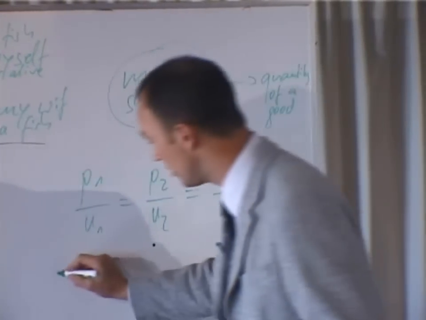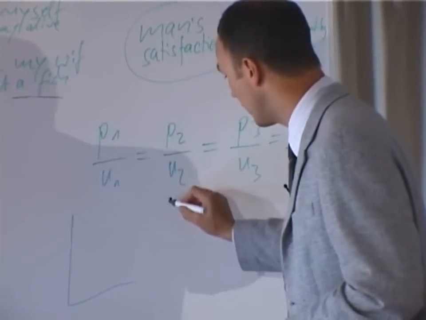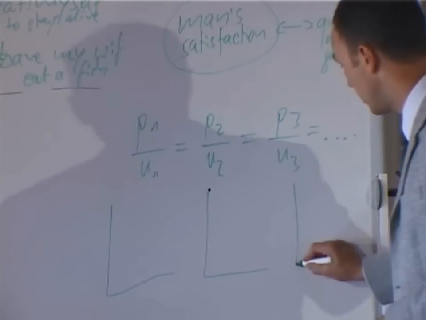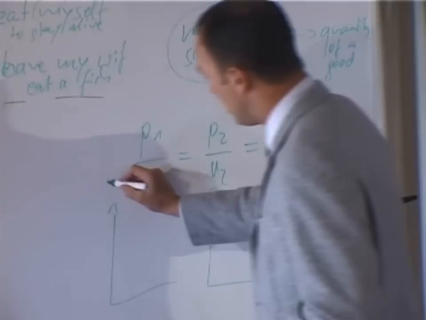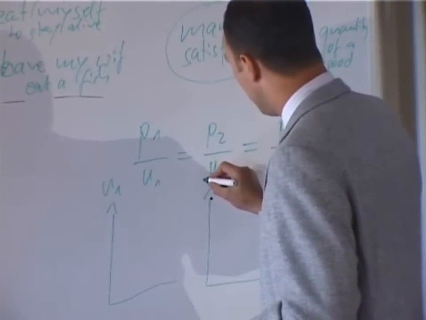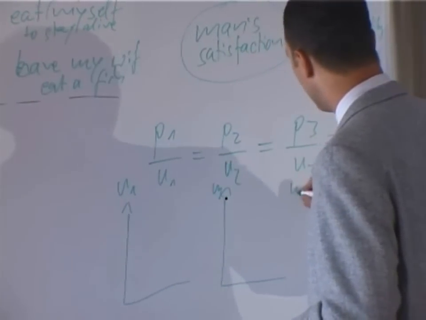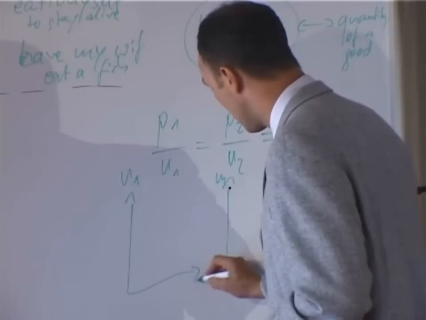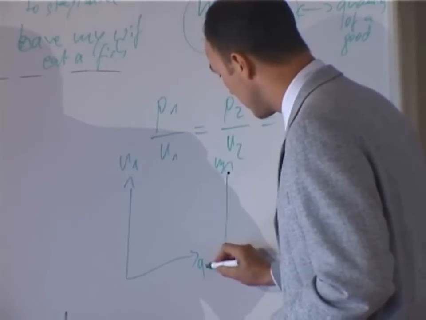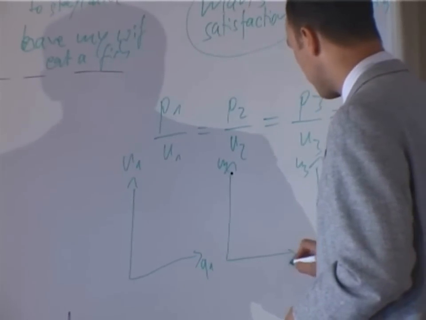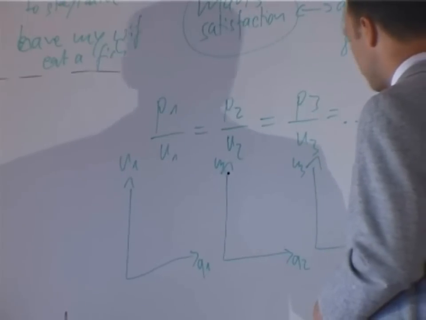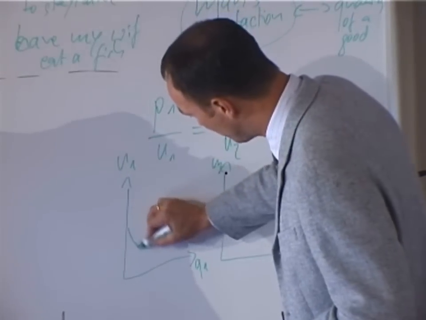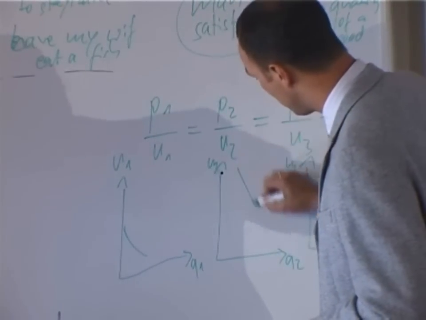Graphically, we can express this in the following way. It's the so-called second law of Gossen. We have here the utility of 1, utility 2, utility 3, and here we have the quantity of 1, quantity 2, quantity 3. And now we might have different utility curves here.